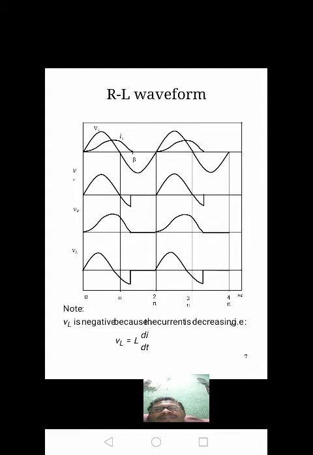Because the supply voltage is 0, yet it will still be conducting due to inductive nature. That's why it will conduct up to beta. Then onwards the output voltage is 0. Then at 2 pi, the output voltage becomes positive again, and it will follow similarly.